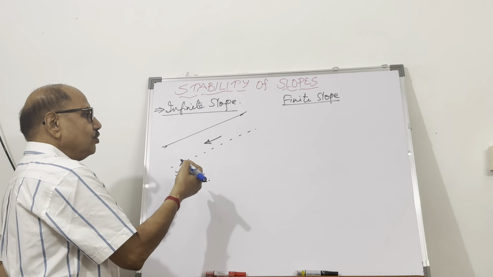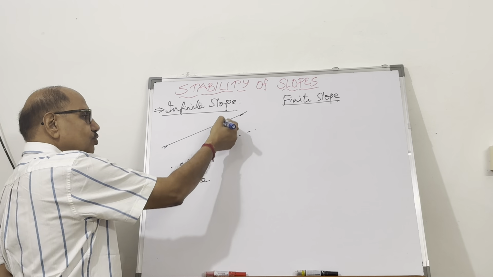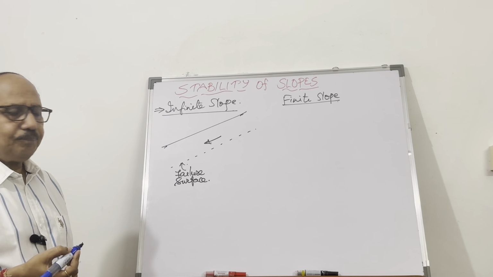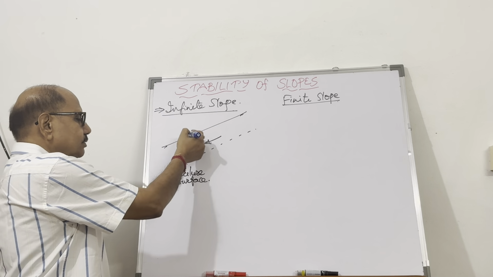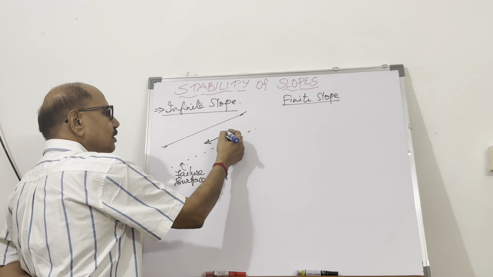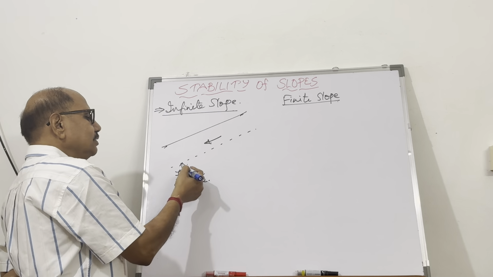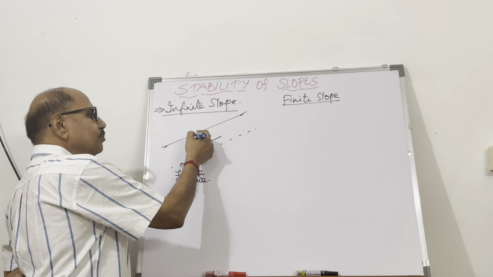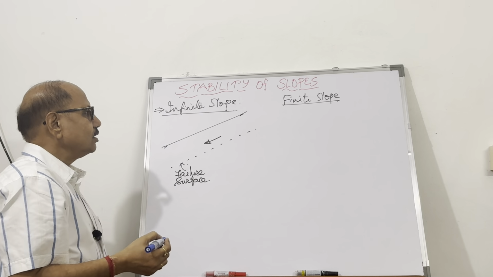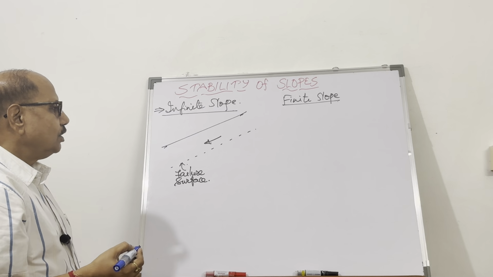This kind of failure, if the soil properties are going to be the same at different depth, then this kind of failure, that is the failure surface being parallel to the outer surface of the slope, will occur.